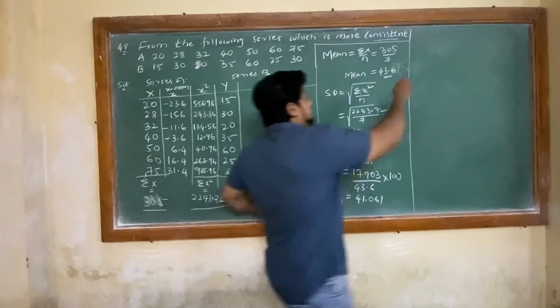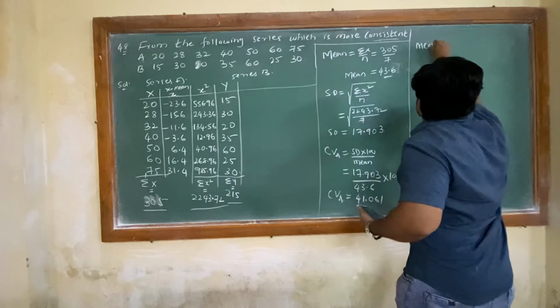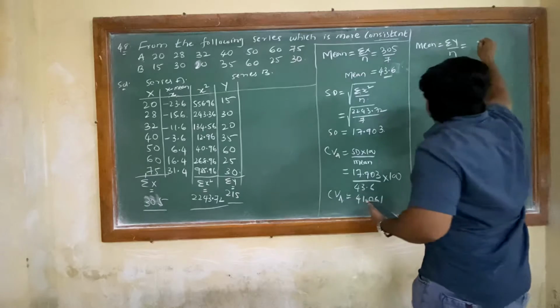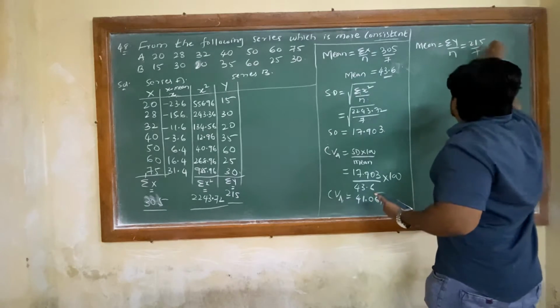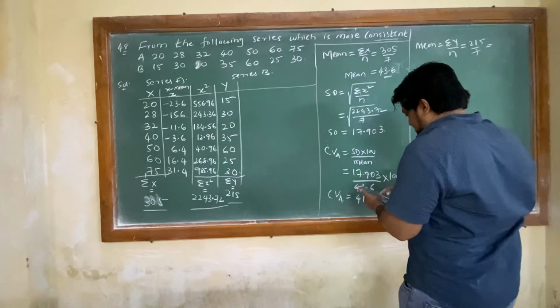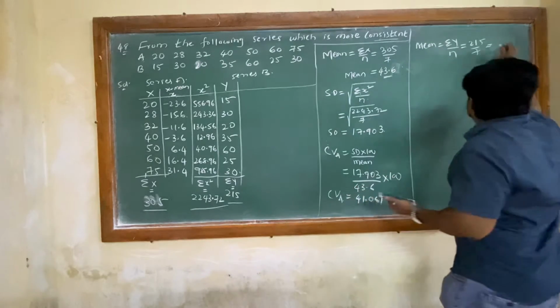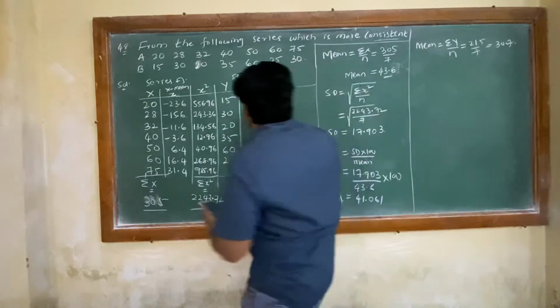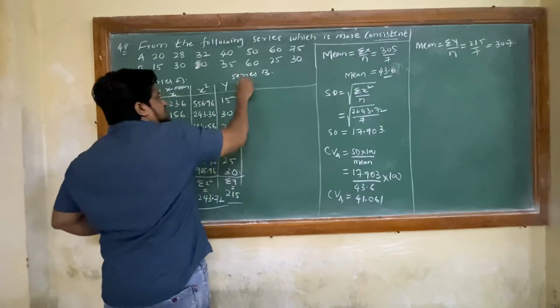Now we have to find mean of y. Sigma y divided by n. So 215 divided by 7. The answer is 30.7, we will consider.